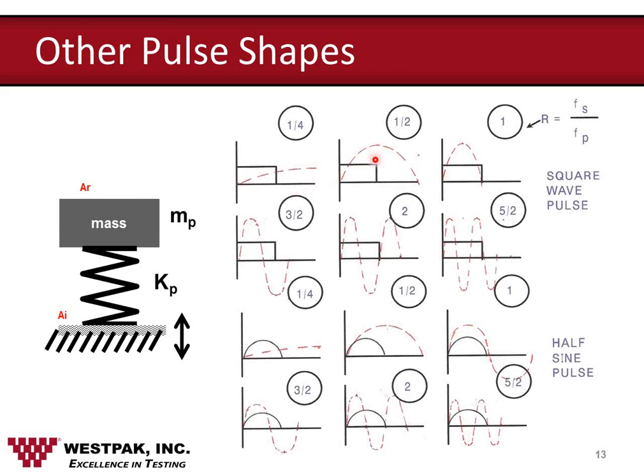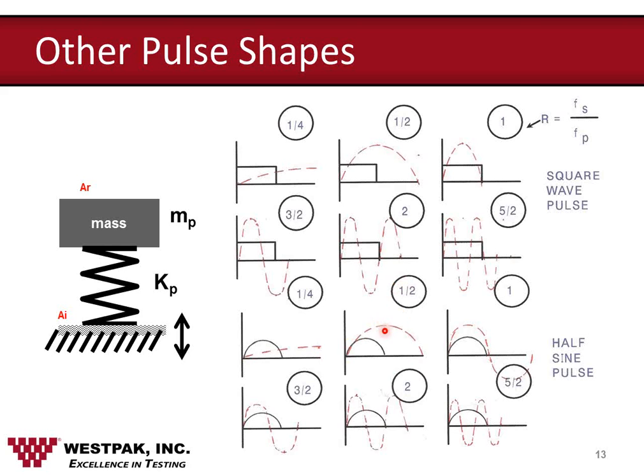The second set of plots down here on this screen shows the response for that same spring mass system to a half sine input. As before, we see that the maximum response occurs at a response input ratio of 1/2 or greater.